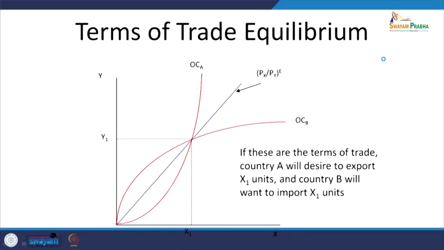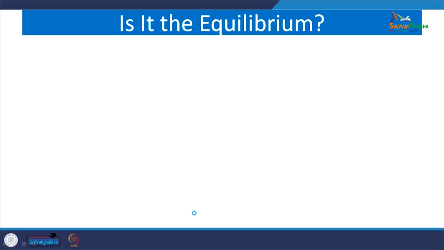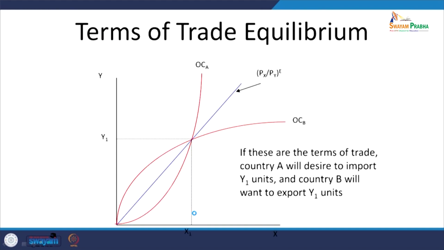So, at these terms of trade, country A will desire to export x1 units, and country B will want to import x1 units. Whatever country 1 demands, the other country will be ready to supply, and vice versa. Now, if these are the terms of trade, country A will desire to import y1 and country B will be happy to export y1.